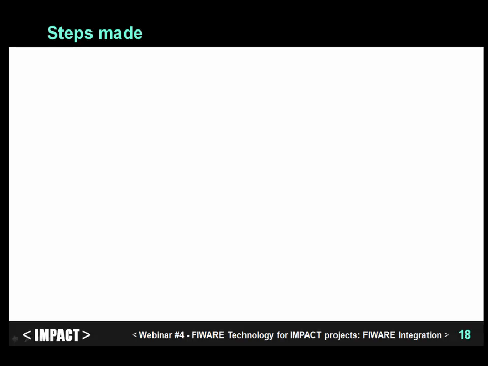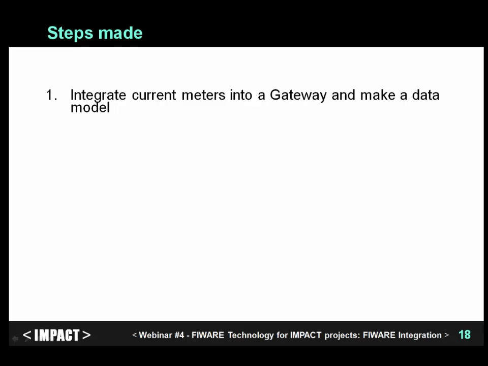And how does it all work and how is it connected to the software side and to the FIWARE enablers specifically? Well, the first step is to connect the meters into a gateway and make a data model using Orion Context Broker. So Orion already appears as the heart of the system.